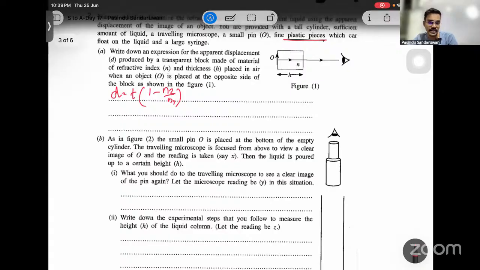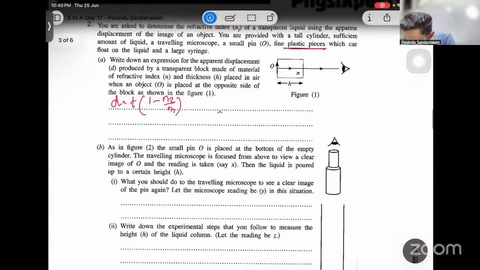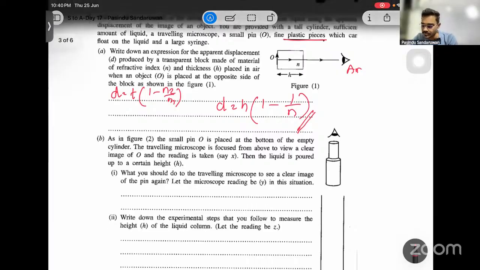N2 is the observer's medium, N1 is the object's medium. Then apply these terms here. The thickness of the medium is given as H, the observer is in air, so it is 1 minus 1 over N. That's the root D equation. Apply these terms accordingly.